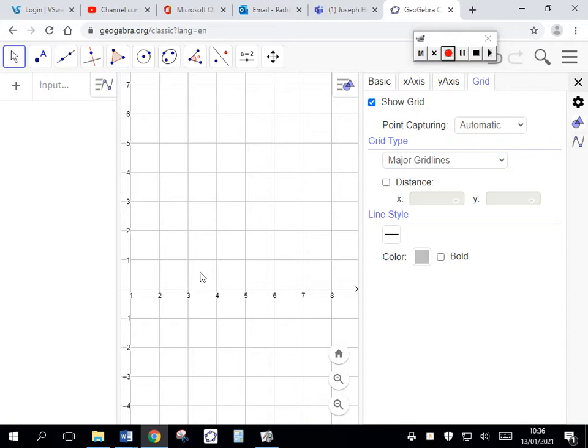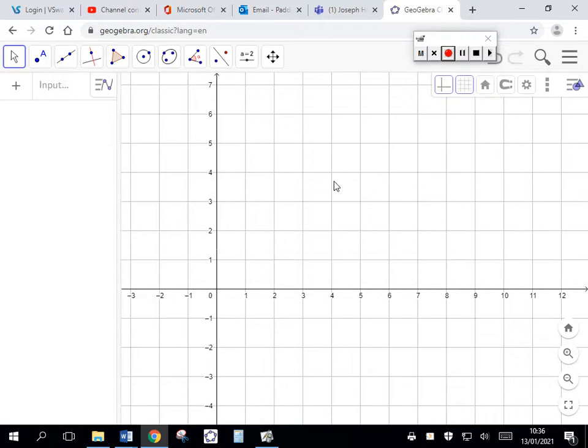Okay, the other thing I'm going to change is my x-axis, how that's graded. At the moment it's just going up in units. GeoGebra works by default in radians for angles, so if I'm finding sine of an angle, I've got to put it in radians. So one thing I'm going to change is the input to the angles.